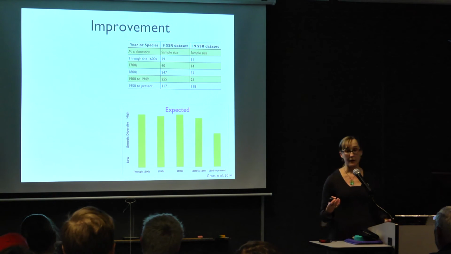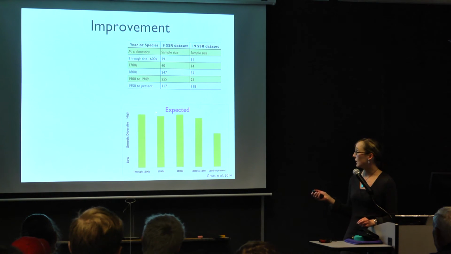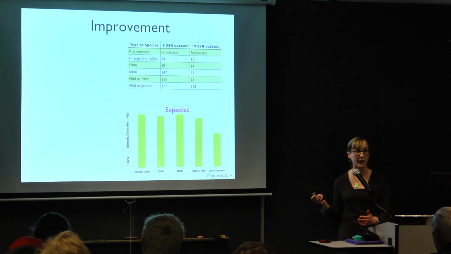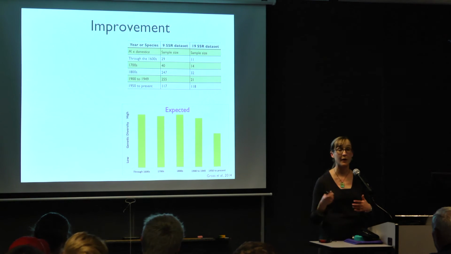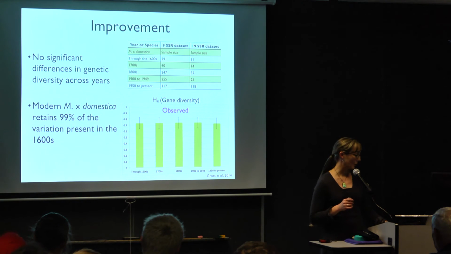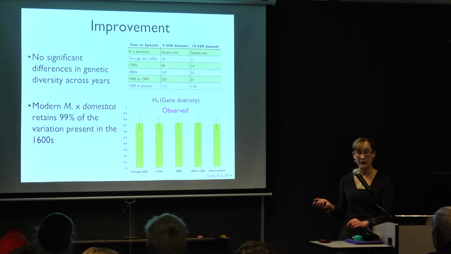And hypothetically, if there has been some improvement, you might see a reduction in genetic variation through time, with the 1950s to present having the lowest level of genetic variation. That's if these fit the same model as annual crops. But as you've probably guessed by now, apple does not fit that model because it's a perennial. So there's no significant difference in genetic diversity across these different centuries.